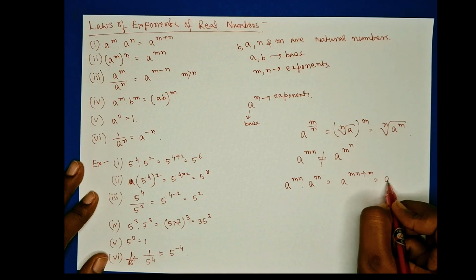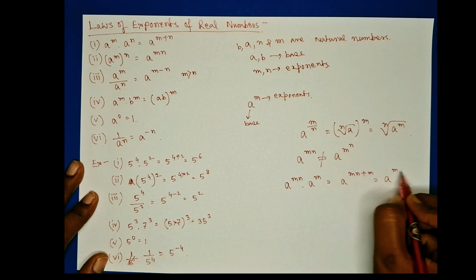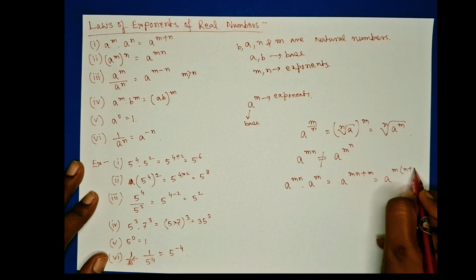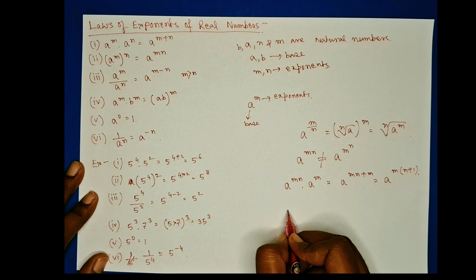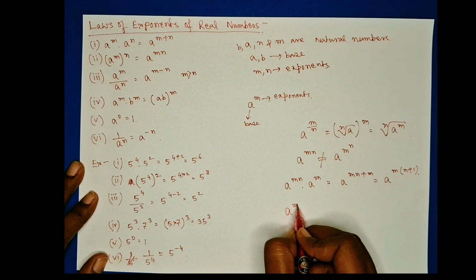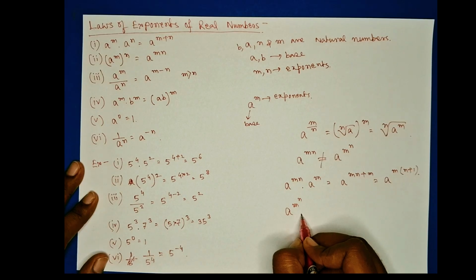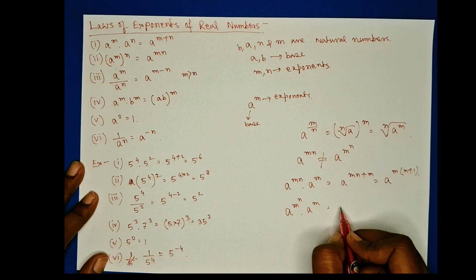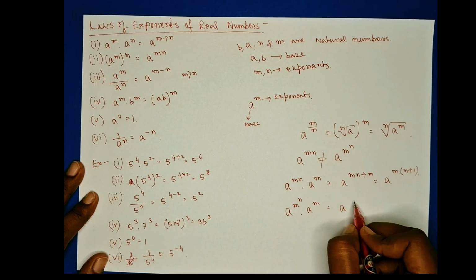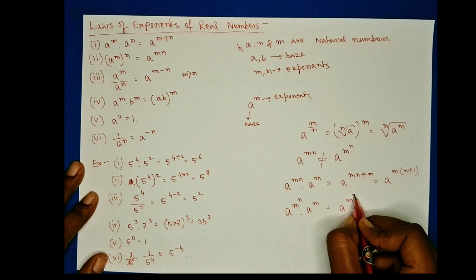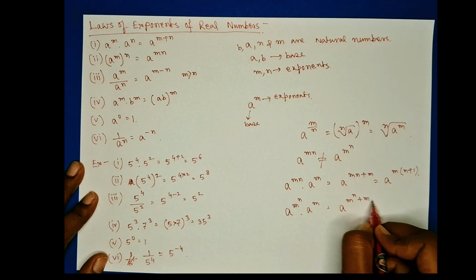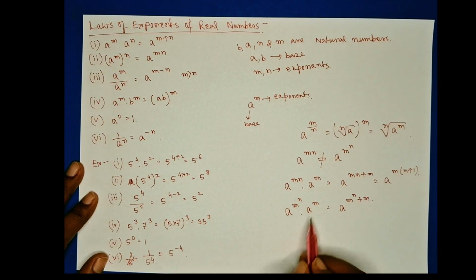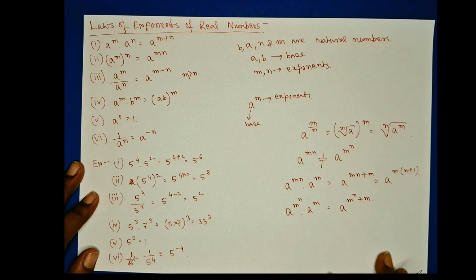It can be written as a to the power, I have taken common m into n plus 1. But if I write a to the power m to the power n into a to the power m, then I have to write it as a to the power m to the power n plus m, like that only. Okay, so I think you have understood.